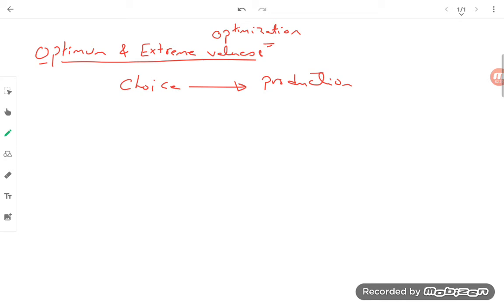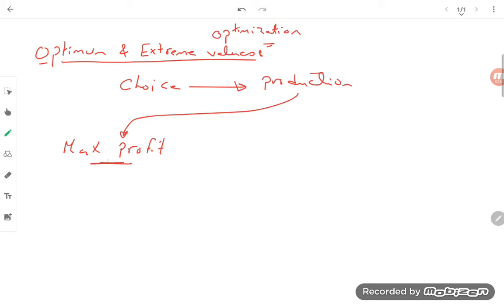The most common alternative is to set a goal of maximum something. Say in case of production, we would like to maximize profit, while in case of consumption, we would like to maximize satisfaction.